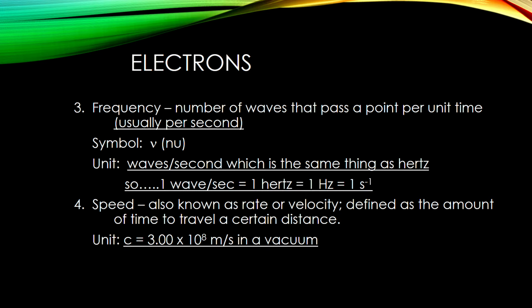Speed is also a consideration when we look at waves. This is how fast our light is actually able to travel. The nice thing is that light has a constant speed in a vacuum of 3.0 times 10 to the 8th meters per second. What we were able to do is take these different pieces and relate them to each other, specifically the speed, the frequency, and the wavelength.